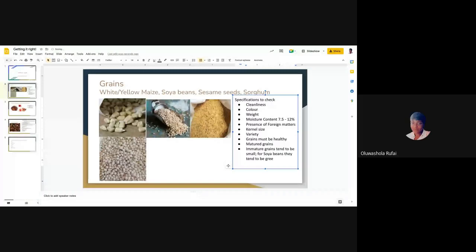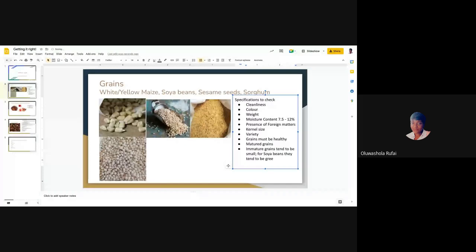Okay, thank you, Gabriel, for the inputs. So I will also just quickly add a little to the oil palm aspects of specification. For the oil palm, I believe the FFA is very important.